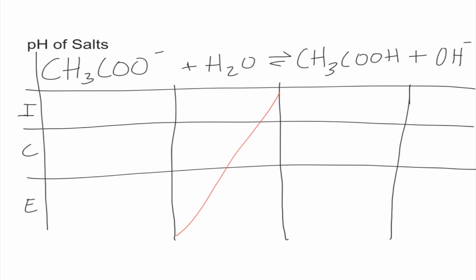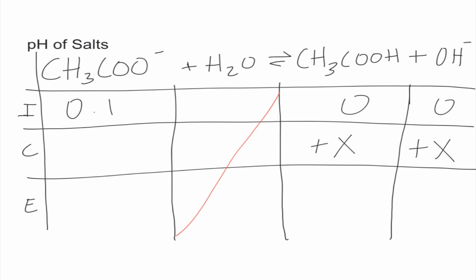Let's start with the I, which stands for the initial concentration, and we know that we started with 0.1 molar of sodium acetate, and that's what we had here, and we can just write it as 0.1. We didn't have any of the products, so they're 0, and what is going to change is that we're going to call this plus x because we will be forming product, and we will be losing that same amount of reactant.